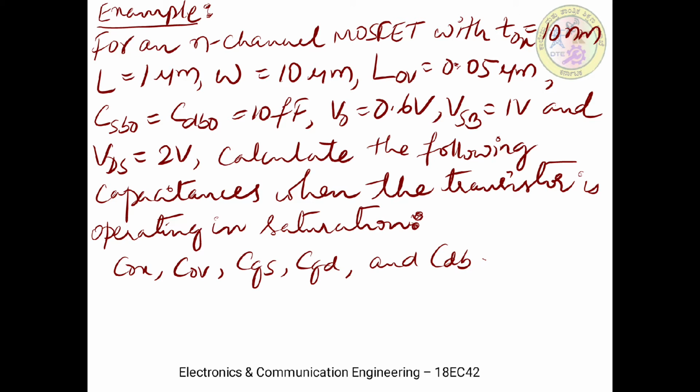We need to calculate different capacitances like C oxide, overlap capacitance COV, CGS, CGD, and CDB. Here the condition is the transistor is operating in saturation.